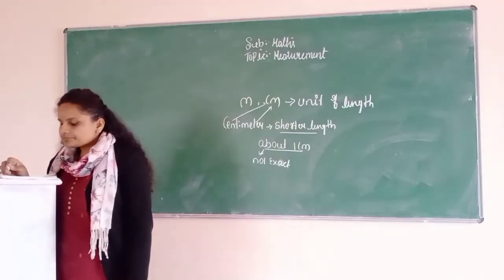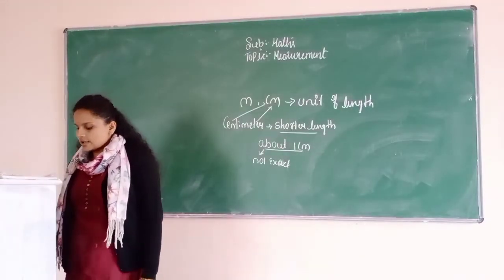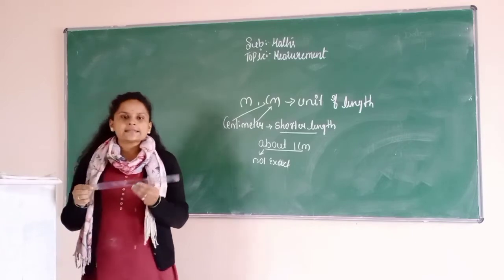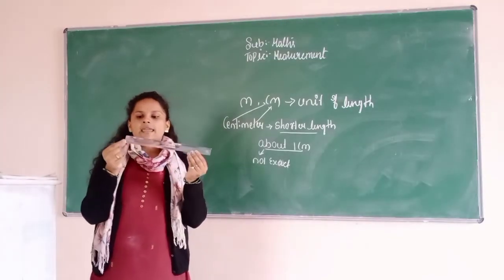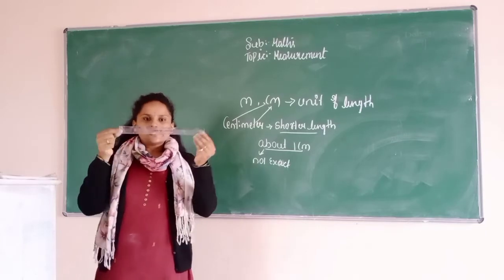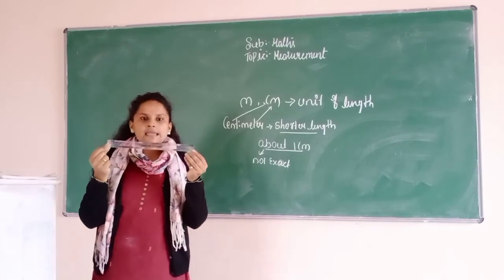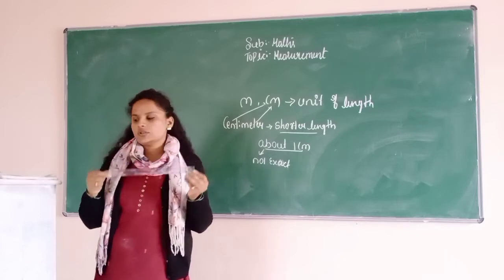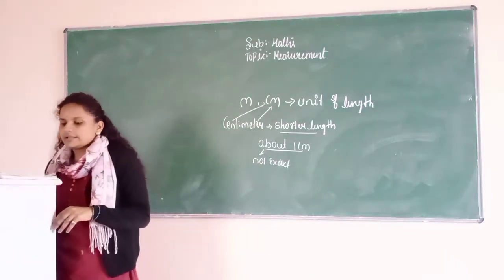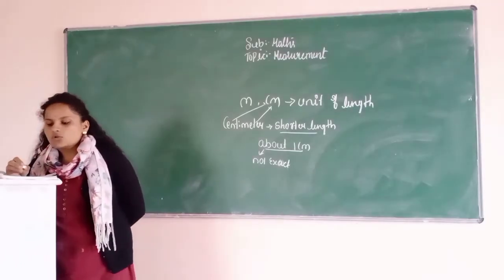This is the ruler which gives the exact centimeter measurement. This is the centimeter scale. I have a 30 centimeter scale which gives the exact centimeter measurements of any object. The line from 0 to 1.